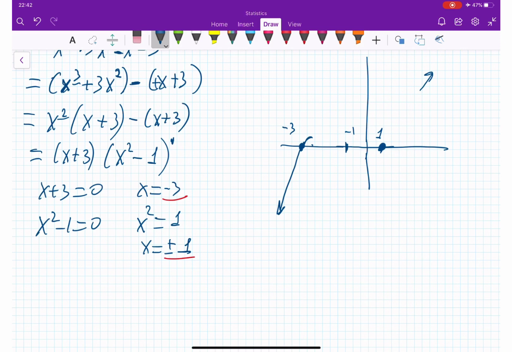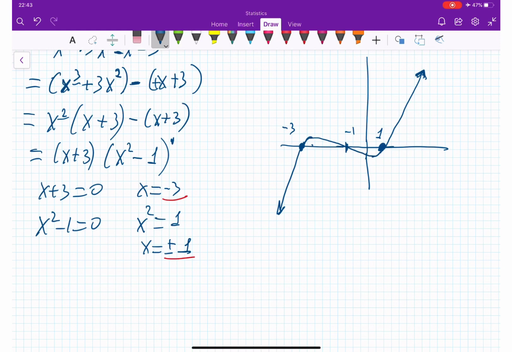So which means what we're going to get? This is also going to be a crossing, and it's going to cross like this. Yes? Because of end behavior on this side. And negative 1 also is going to cross, which means it's going to cross like that.